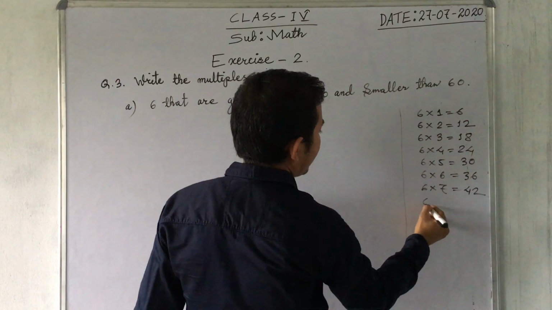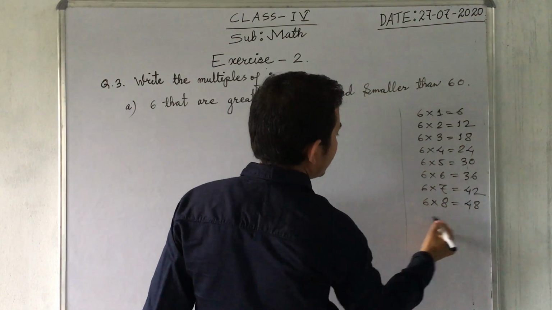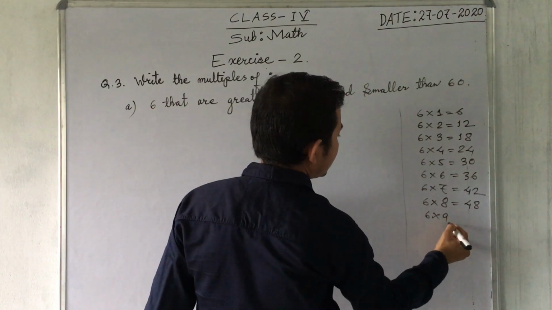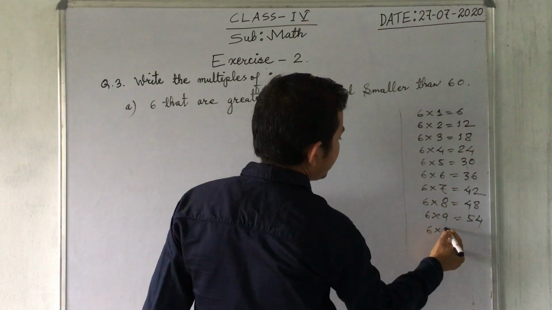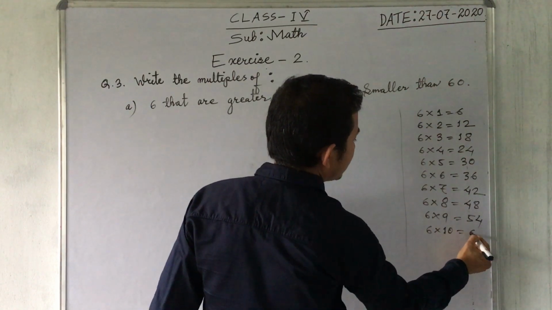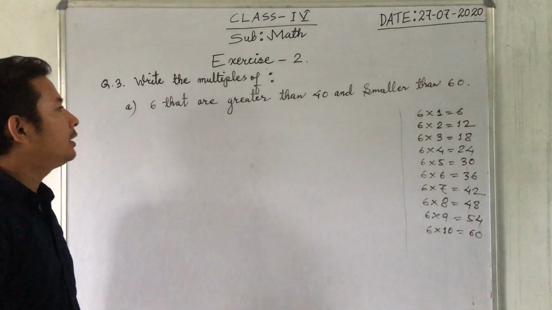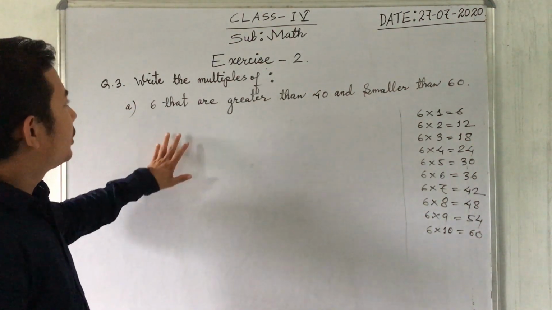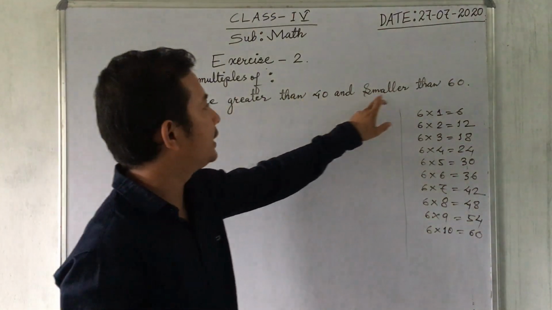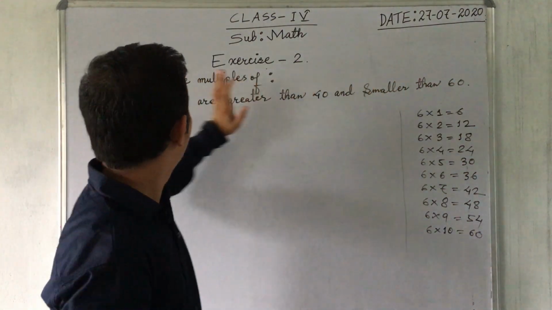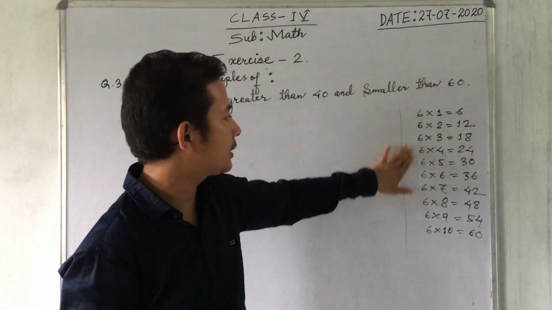Okay, and 8 times 6 is 48, and 9 times 6 is 54, and 10 times 6 is 60. Now look at here, try to understand. Write the multiples of 6 that are greater than 40 and smaller than 60.